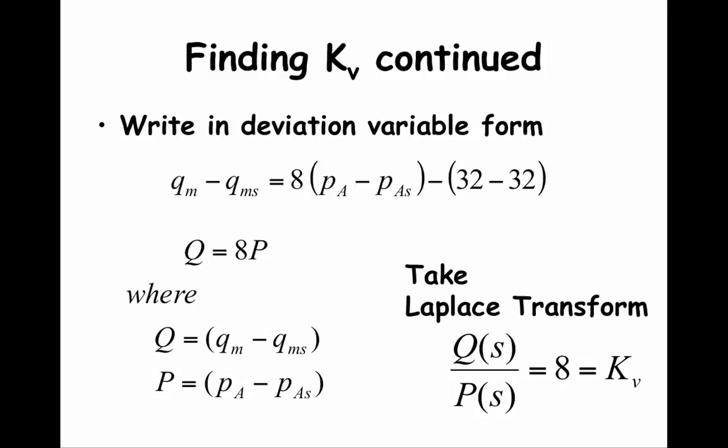By taking this difference, we create a difference that we can use to define deviation variables. Using the deviation variable, we find that the flow deviation variable capital Q equals 8 times the control signal deviation variable capital P. We can take the Laplace transform and find that Qs over Ps equals 8. So the valve gain Kv is 8.